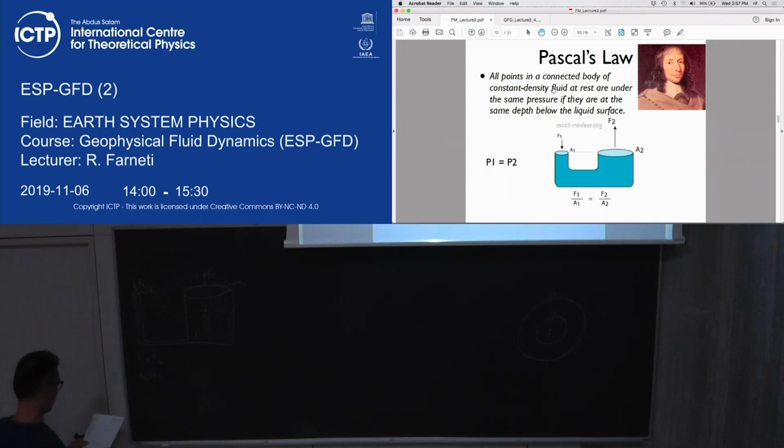So the pressure is the same, so F1 over A1 is going to be equal to F2 over A2, because the pressure is going to be the same. But because A2 is much larger than A1, this means that F2 is much larger than F1. And this is called multiplication of forces.